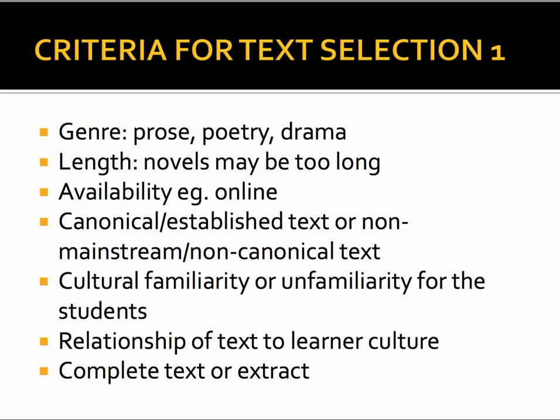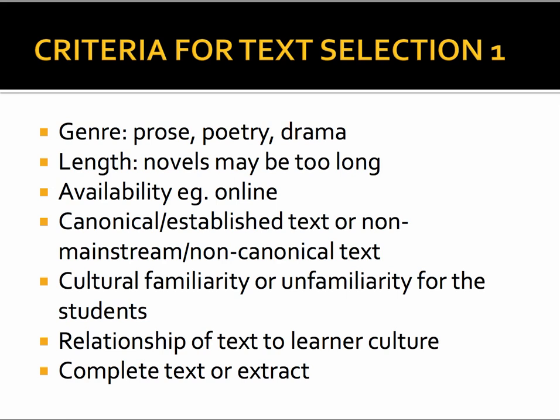This is something you need to consider for particularly older texts. And again, that touches on the whole relationship of the text to the student's own environment, the learner culture.